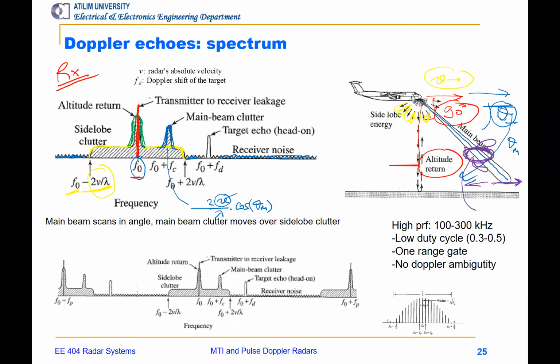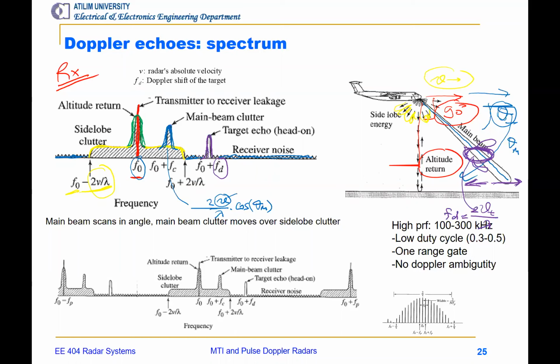So let's say the speed of the target is Vt, then the Doppler shift is going to be 2 times Vt over lambda. Okay, so if it is coming toward the AWACS system, then there's going to be a positive Doppler shift. So here is the Doppler shift of the target, and here is the echo due to the target.